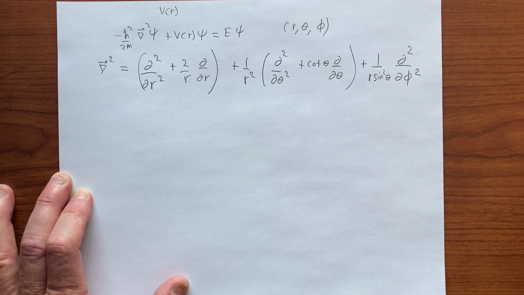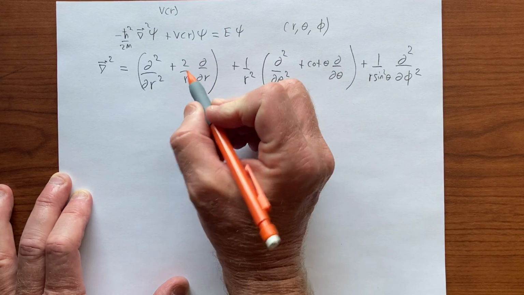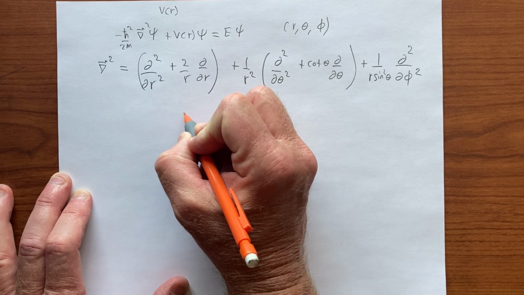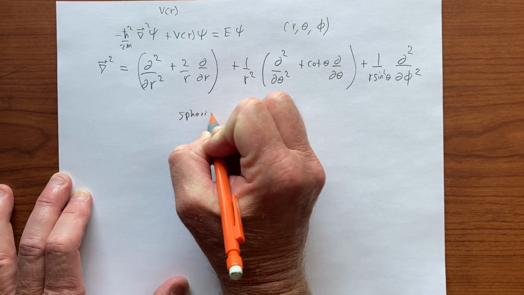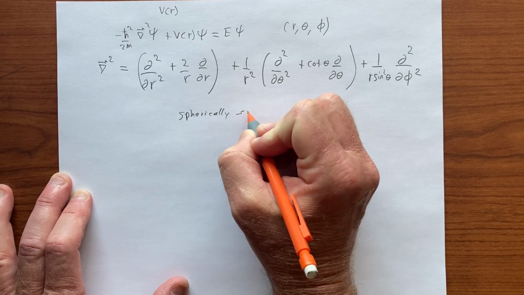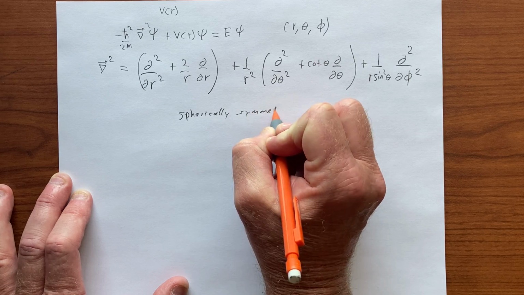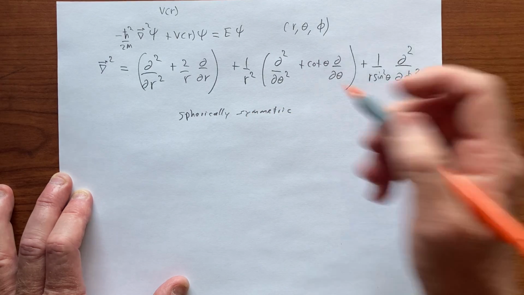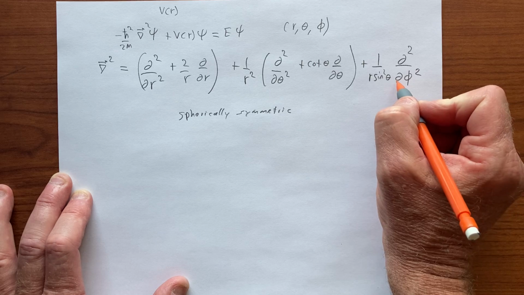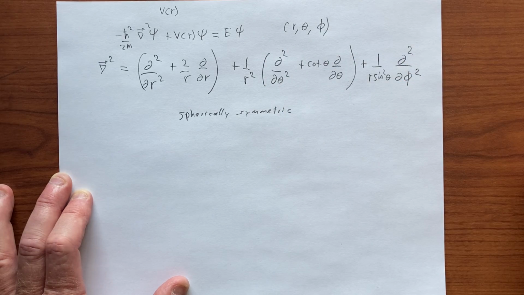And for simplicity, and because we want to take advantage of the one-dimensional techniques that we're familiar with, let's start with solutions that are spherically symmetric. Okay, so they don't vary in theta and in phi, and so all of this goes away.